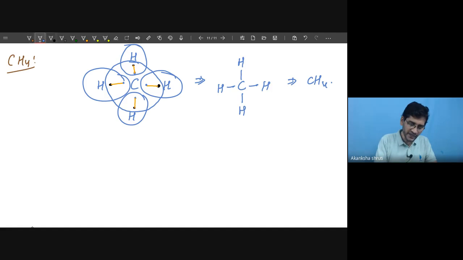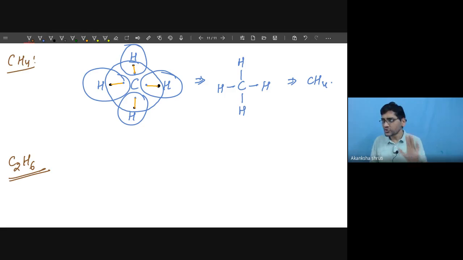Now let me go for the other molecule. Students, please do C2H6. How this formula comes, that we will learn later, but you please draw this. Here you have 2 carbons. So the 2 carbons also have to be linked with each other and the others filled with hydrogen. Please do this. How could be the structure of C2H6?